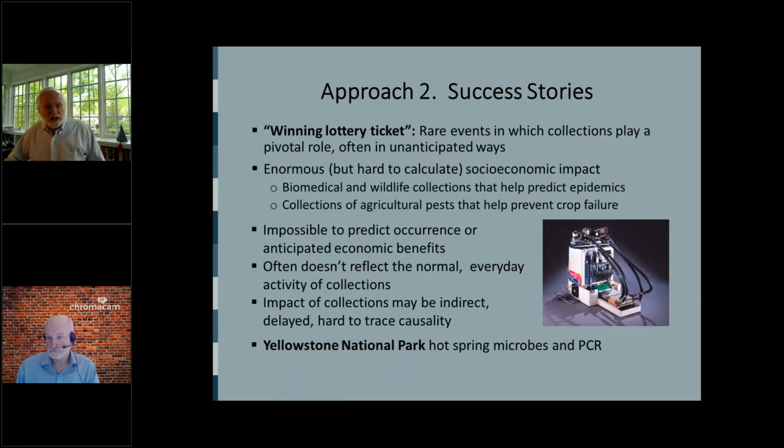The second approach is a success story, the winning lottery ticket. Economists are very quick to point out that these are rare events in which collections may play a pivotal role, but they're often unanticipated, which means that even though there may be an enormous payoff in terms of market value or socioeconomic impact, you can't predict when they'll happen, you can't predict how much they'll be worth, and in some cases, the use of the object in the collection has little to do with what the collection was meant to do.